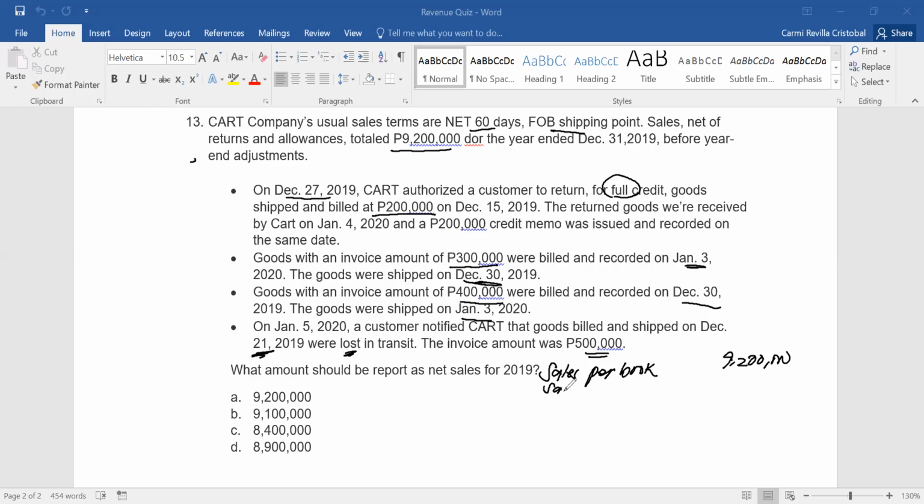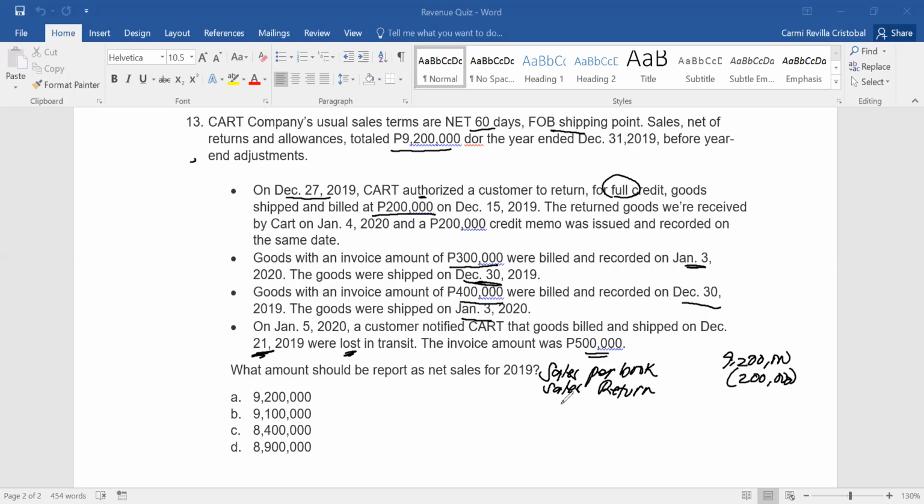So, that is considered as sales return. So, dapat ibabawas natin siya, kasi full credit siya eh. And then, na-record naman talaga siya noong December 27, kahit pa na-receive ni CART January 4 na. Pero may notification plus authorized pa siya. So dapat i-consider natin, wag nating isasama sa net sales yan.